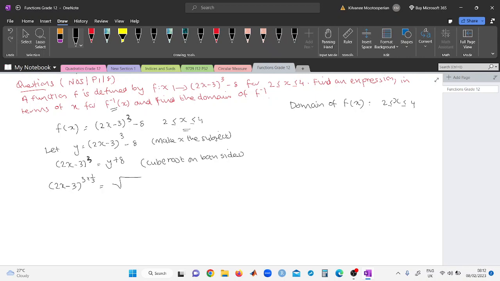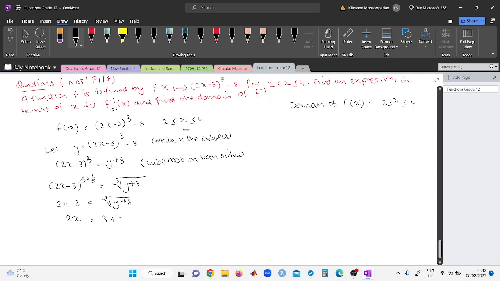Ici, il peut venir le cube root. Cube root me crée comme un square root, c'est moi ici, me mettre un petit 3. Donc, this cancel out, me retrouve moi 2x minus 3 equals to the cube root of y plus 8. Maintenant, moins 3, on va de l'autre côté, il peut venir plus 3. Now, x, we divide everything by 2.